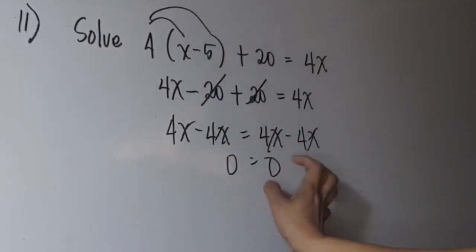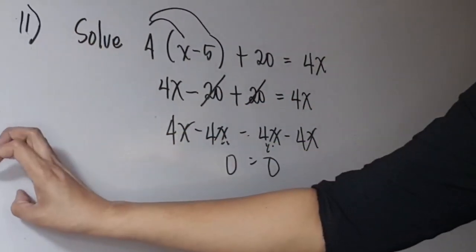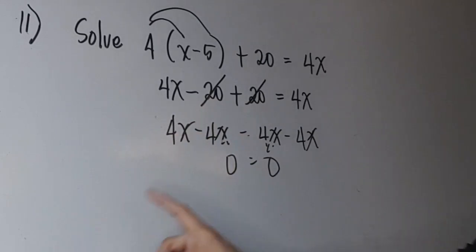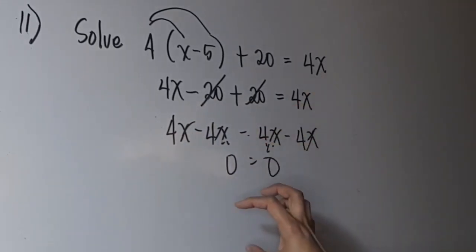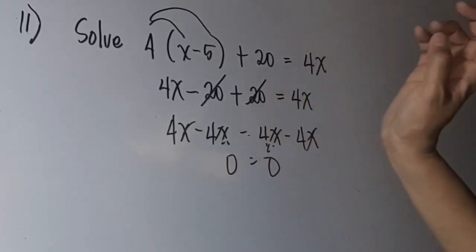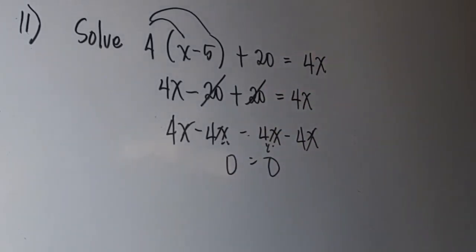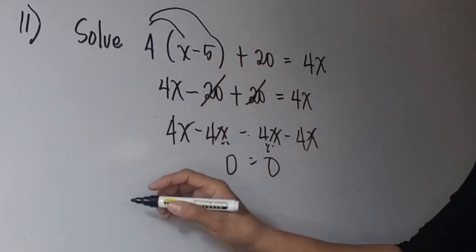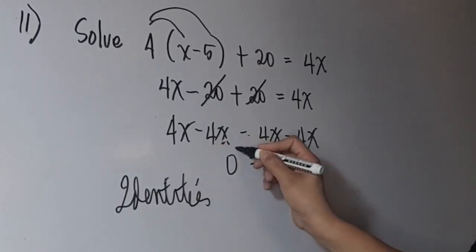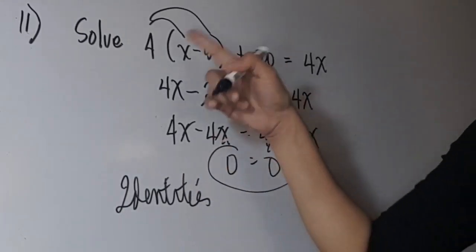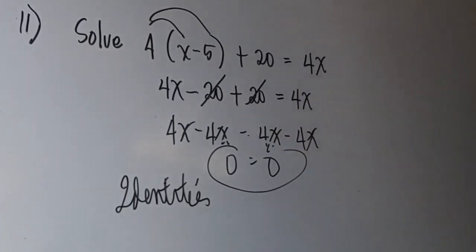Okay? Because it resulted to an identity, unlike number 10, it resulted to a false statement. This is a true statement. So the solution set of the given equation is the set of all real numbers. So, equations like this are called identities, no? Ang tawag dyan, identities. If it resulted to a true statement, then the equation is said to be called identities.